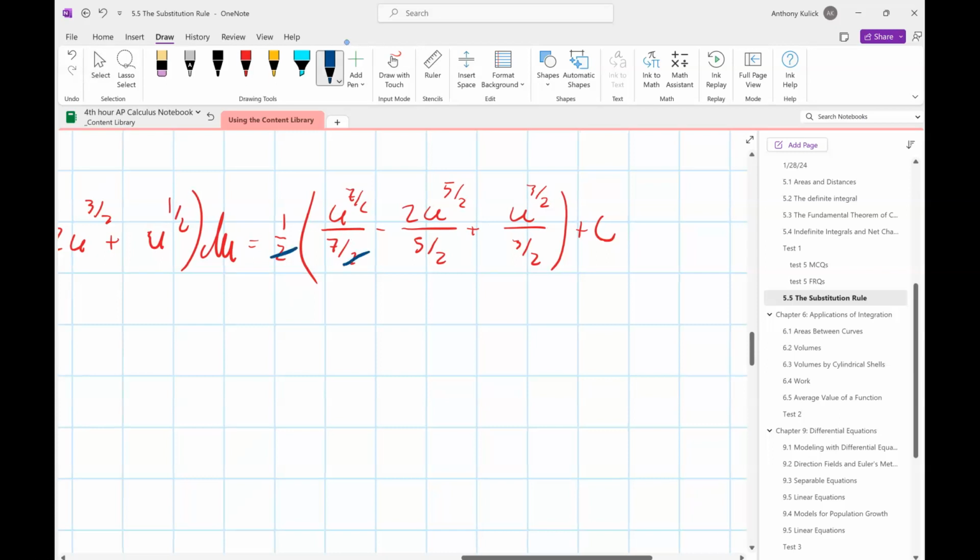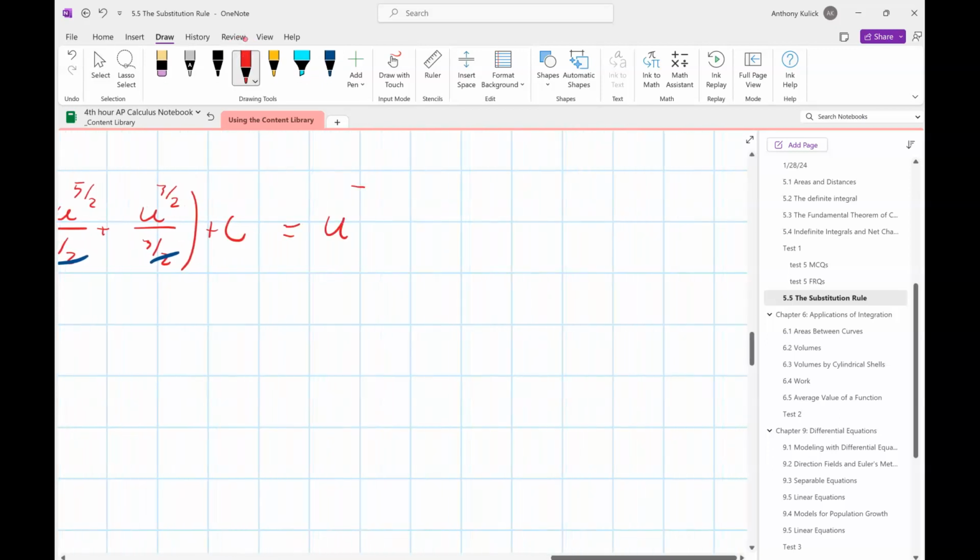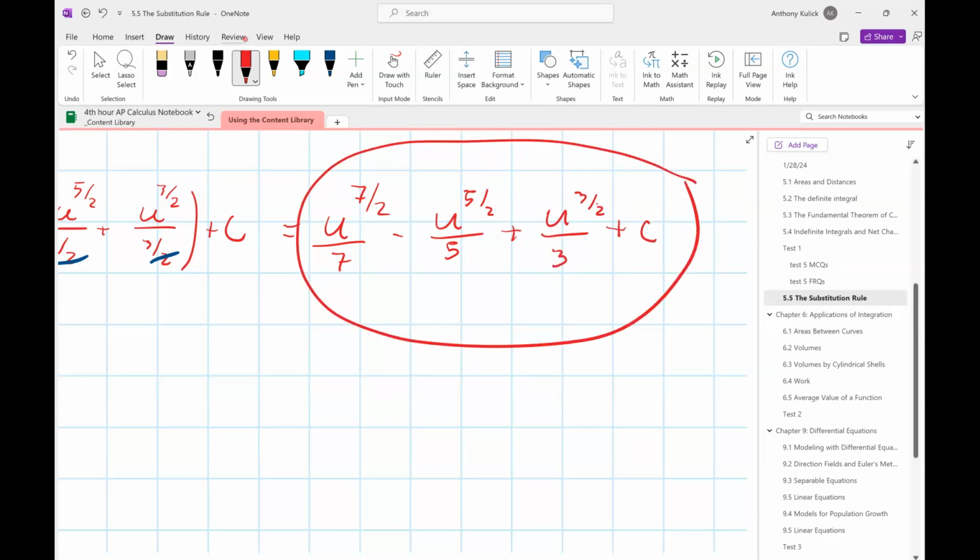When I do that, those guys cancel, and you just have 7, 5, and 3 as your denominators. And that's probably where I would leave it. Oops, that's minus. I wouldn't bother with making any common denominators at this point. That looks fine to me.